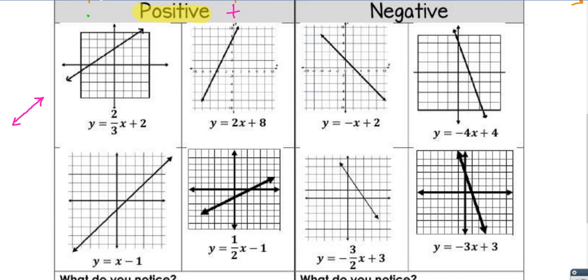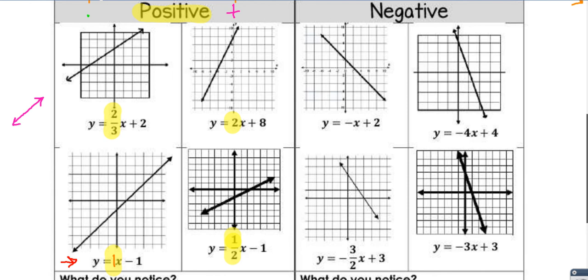Another thing that I want you to also notice is that the number in front of x is always positive, and that's because that is your slope. What is the number in front of the x on the bottom left equation? It is a 1, which also is a positive number, a positive slope.